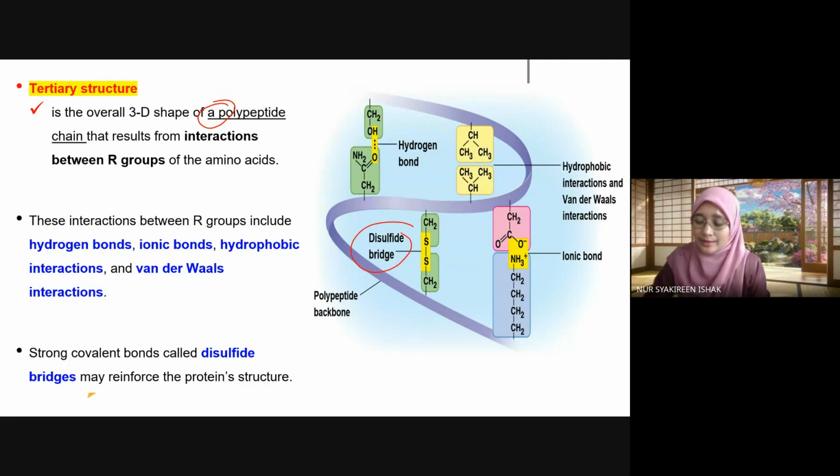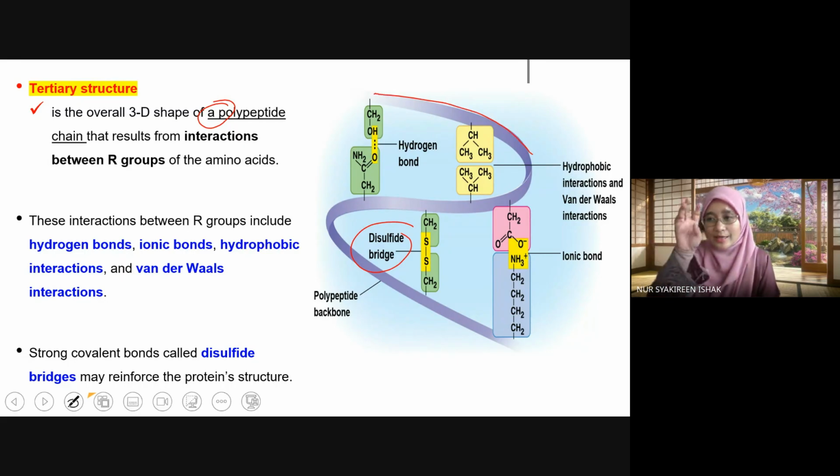So if you look at this diagram here, for example, yang purple ni adalah backbone lah. Tadi kan ada nitrogen carbon-carbon, nitrogen carbon-carbon. So protruding from the backbone are the side chains. Okay, so let's say along the polypeptide chain here we have one amino acid, of which the R group or the side chain has a hydroxyl group.